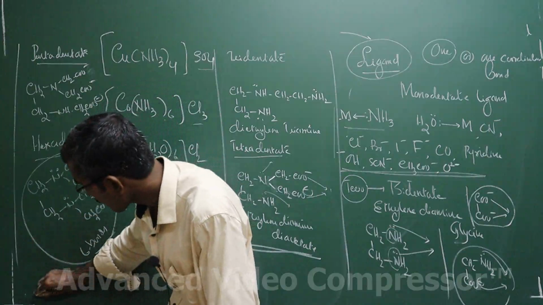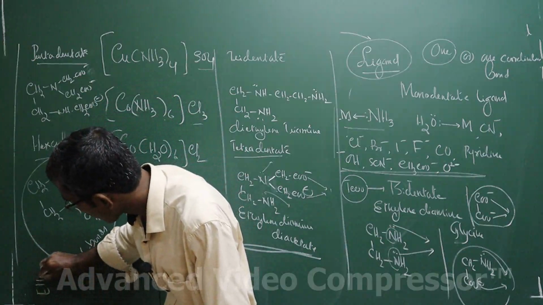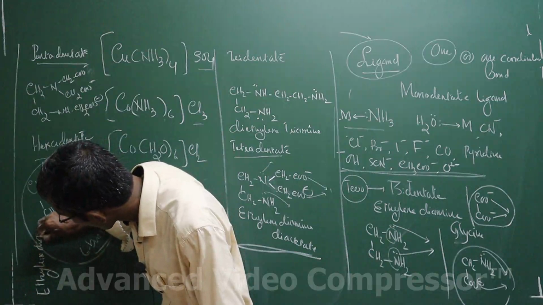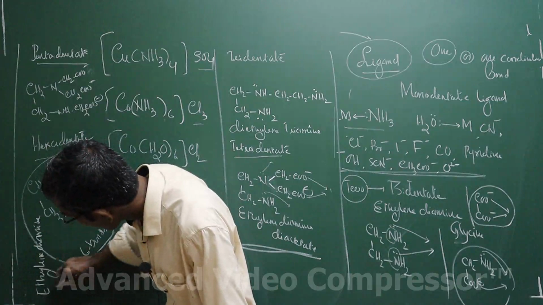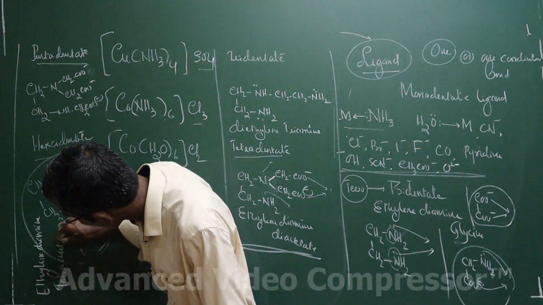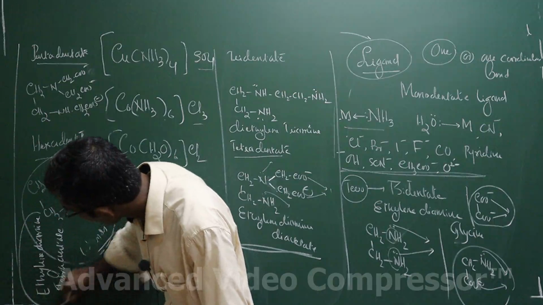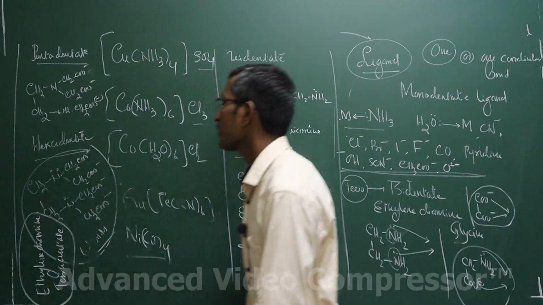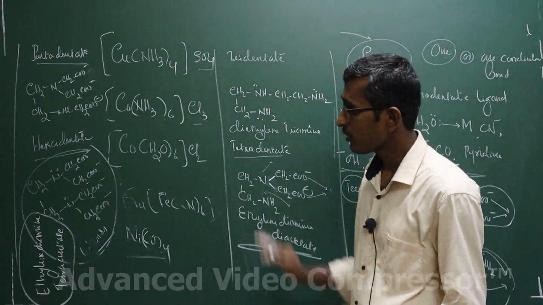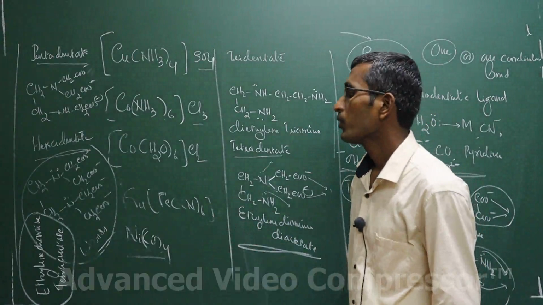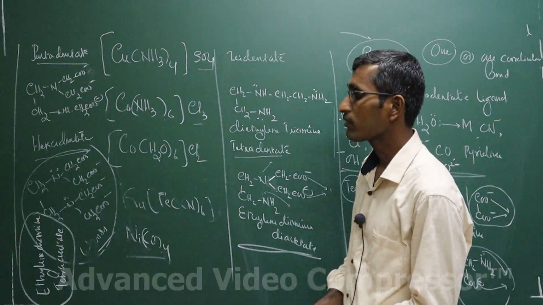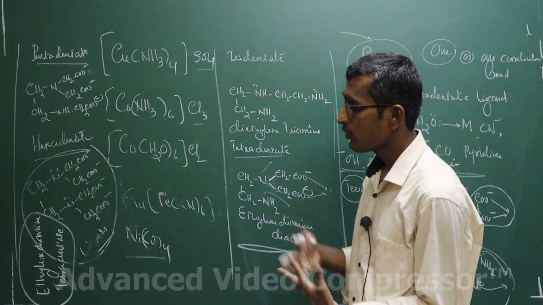Ethylene diamine tetraacetate is an example of the hexadentate ligand, a very famous and very important one. They may ask you what kind of ligand ethylene diamine tetraacetate is. It's a hexadentate ligand.